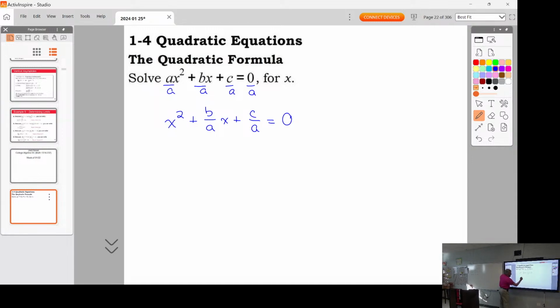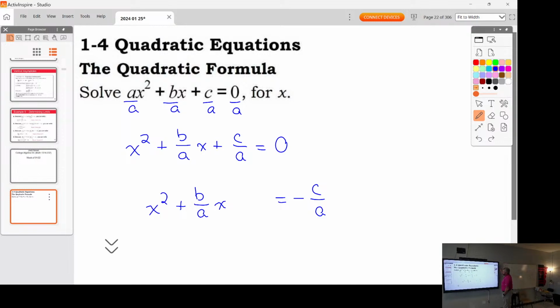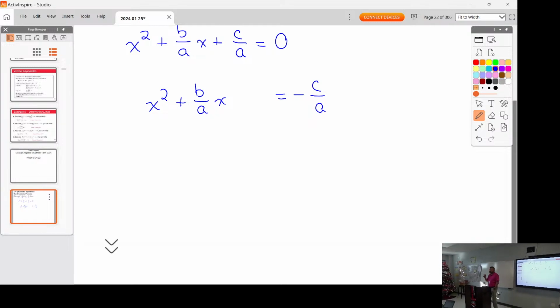So on the left side, I have x squared plus b over a x. Remember to leave some space, because this is where I'm going to complete the square, equals, subtracting c over a from both sides gives me a negative c over a. Good with that?